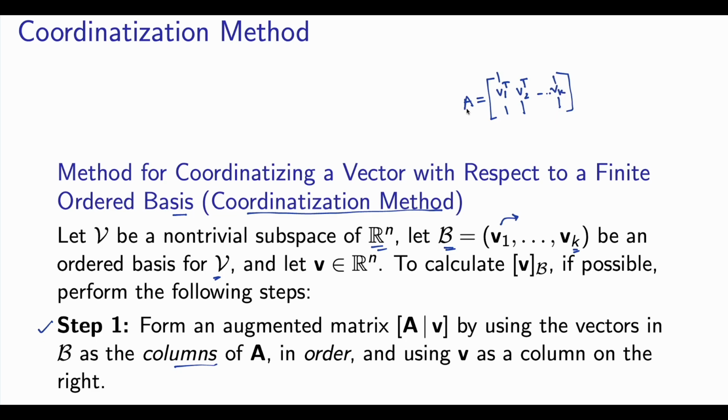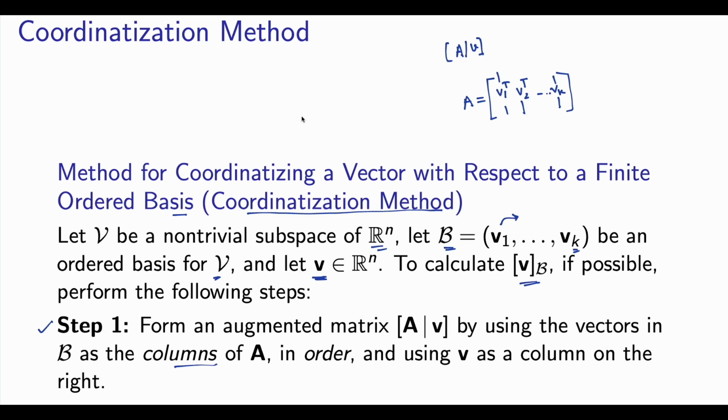This is my A matrix, and we want to see whether this vector can be written in the B basis coordinatization. We write it as the next column, the augmented column v. So this is how we prepare.